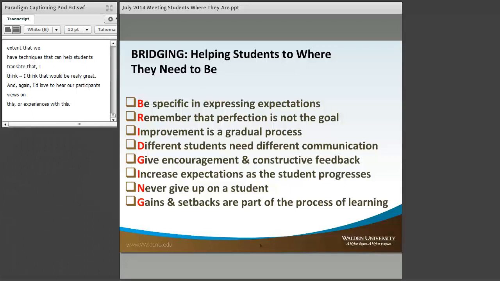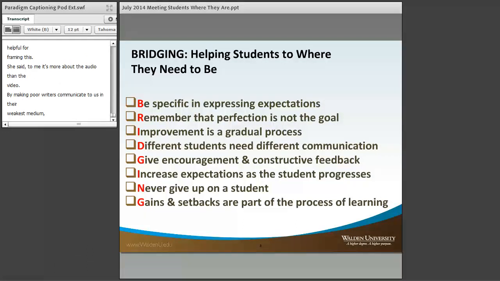I just wanted to make sure that we read out loud Amber's comment, which I think is really helpful for framing this. She said, "To me, it's more about the audio than the video. By making poor writers communicate to us in their weakest medium, we don't always know what problems are concept-related and which are writing-related."